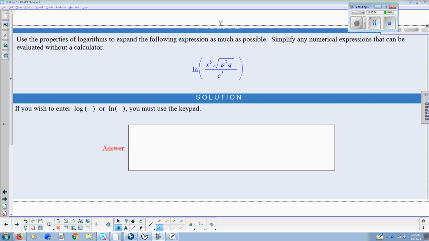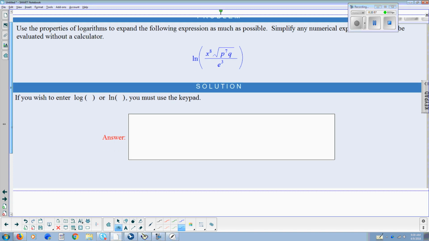Okay, this next question asks us to use the properties of logarithms to expand the expression as much as possible. Simplify any numerical expressions that can be evaluated without a calculator. Okay, so the first thing I notice is I've got a big division problem here. Log with division, or ln with division.